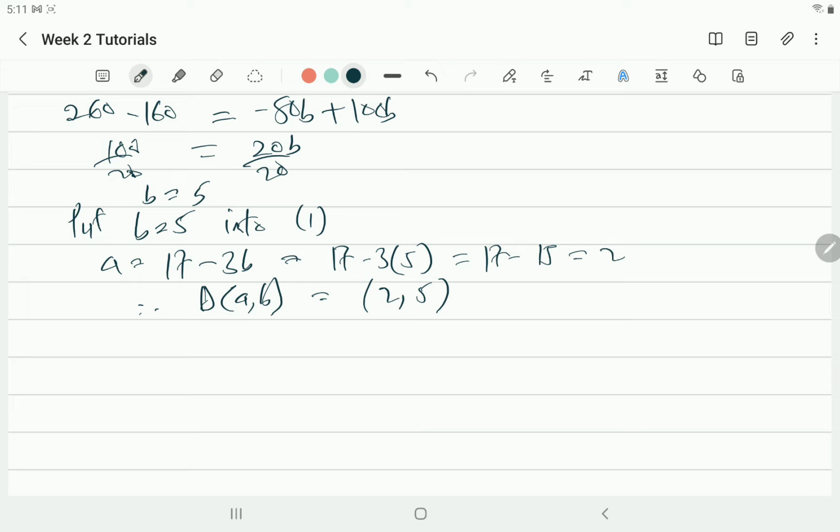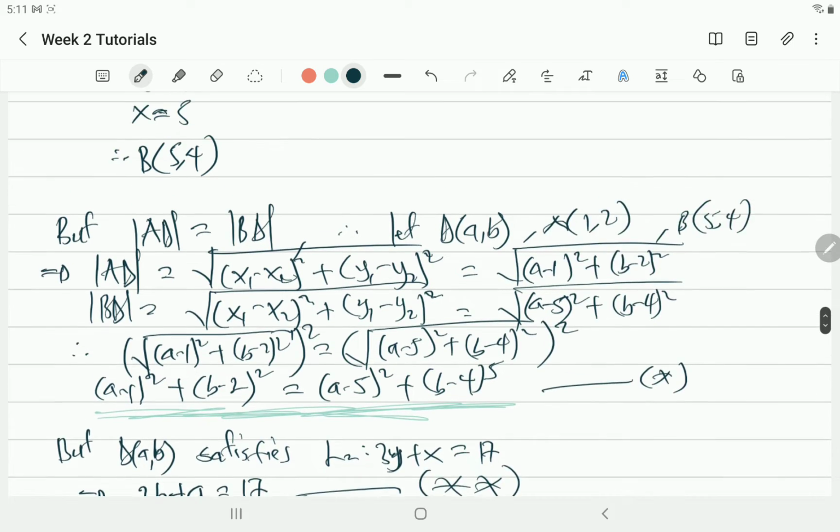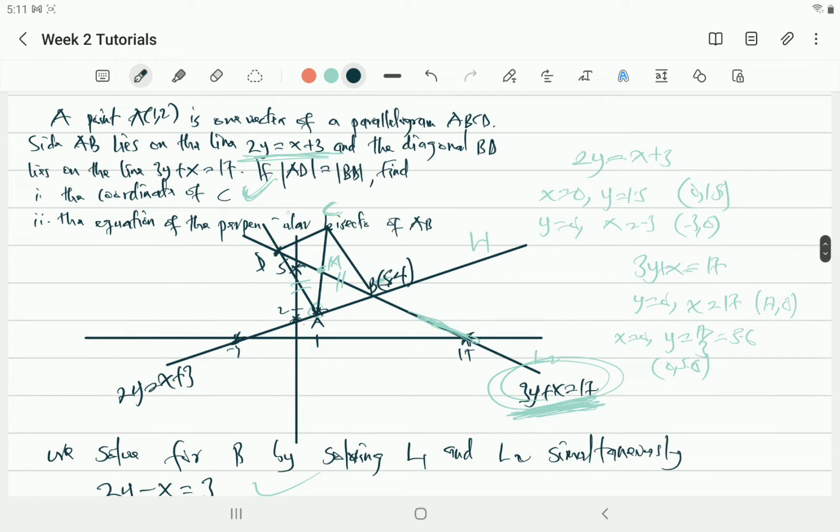Now let's go to the diagram so that I show you something interesting. So we just solved for D, right? This point is D, and we are now saying D to be 2, 5. So we know D, we know B, and we know that the midpoint of BD is M, which is easy to solve since we know B and D. So we'll go ahead and solve the midpoint of BD.